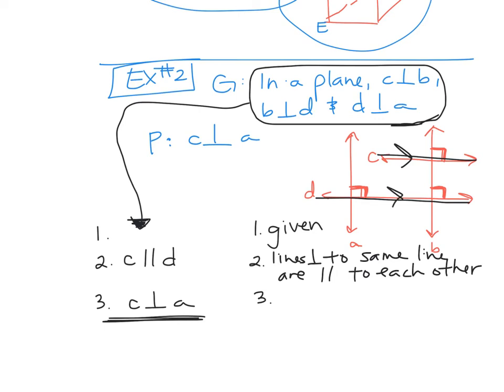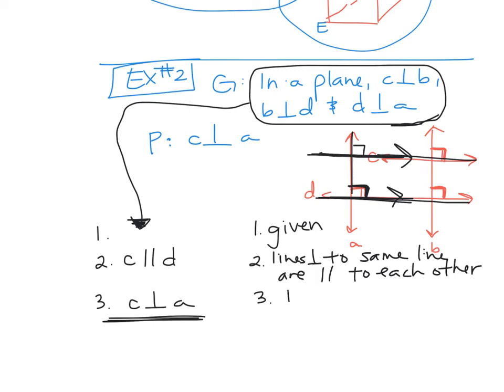Well, now, if we think of this as going through here, we have parallel lines, and this one is perpendicular. Therefore, we know that C is also perpendicular to A. Which theorem is that? It's the perpendicular transversal theorem. It's that last one that we did, right?